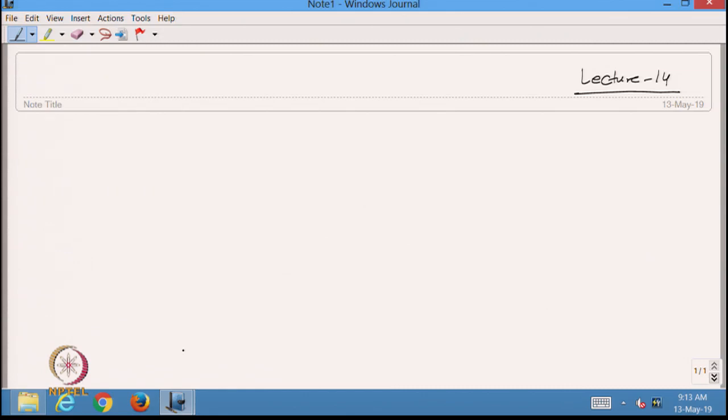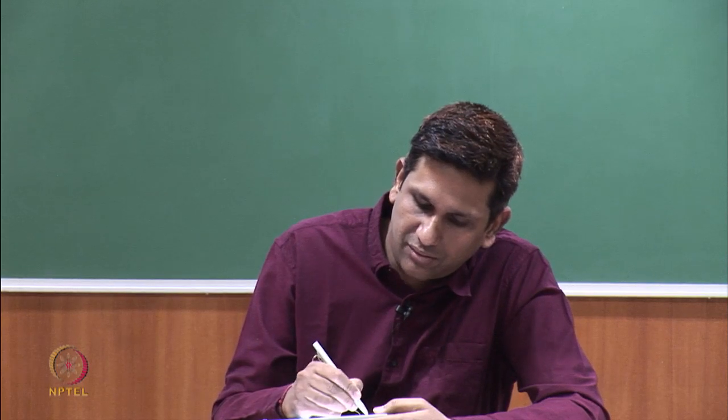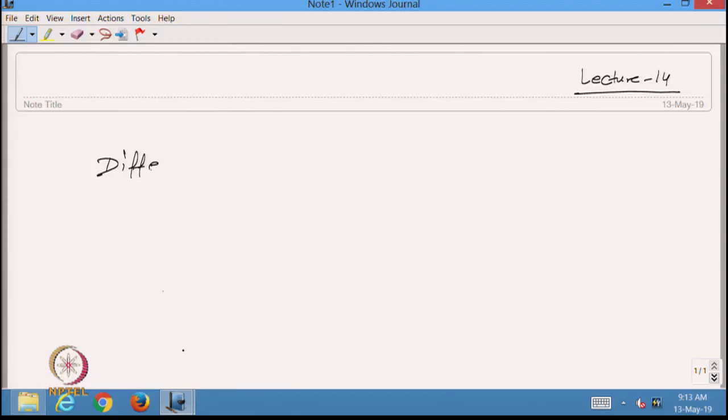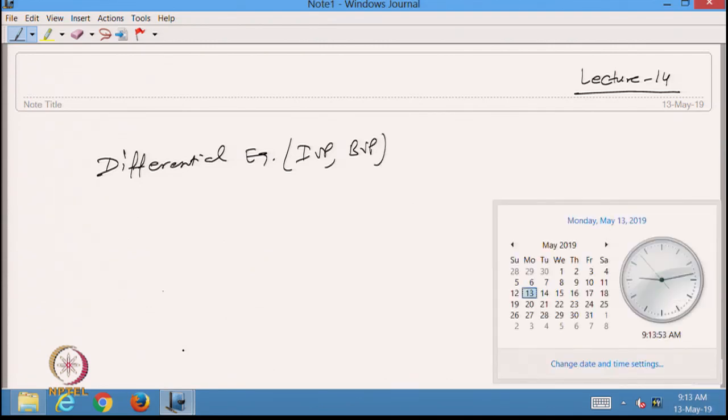Now, as I told you, I have a differential equation, which may be an initial value problem or a boundary value problem, and on the other side I have an algebraic equation.